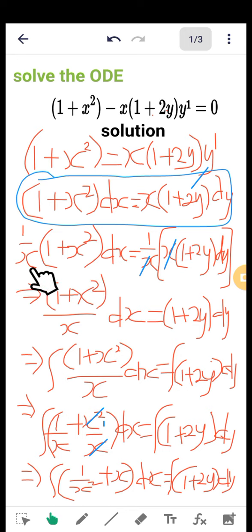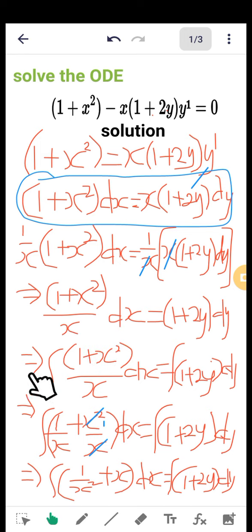Multiplying through, the x cancels the x, leaving (1 + 2y)dy, and because 1 over x is multiplying, the x becomes the denominator.